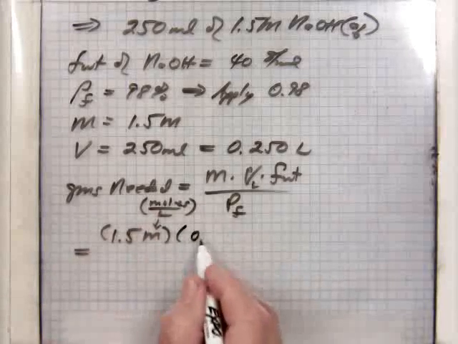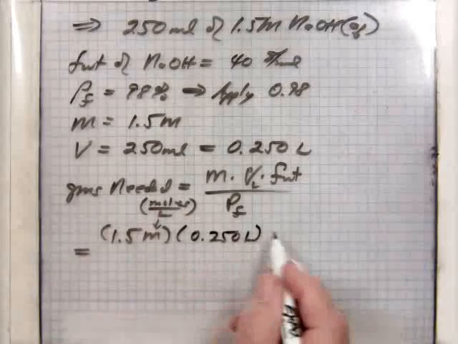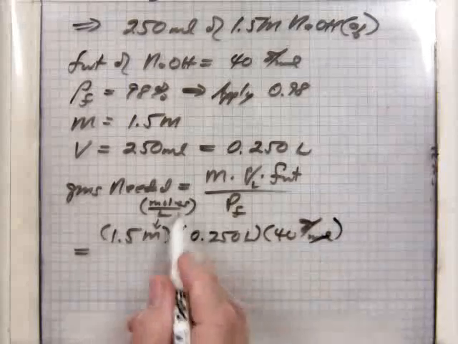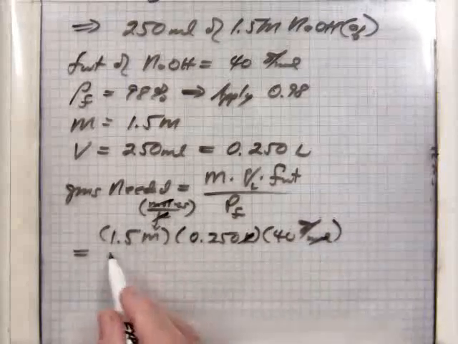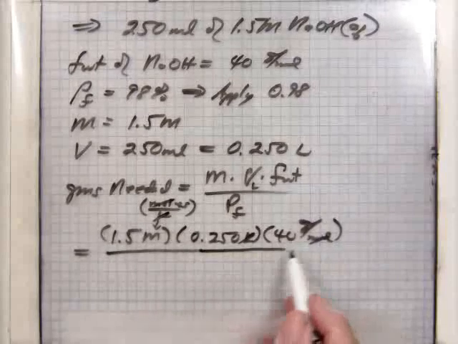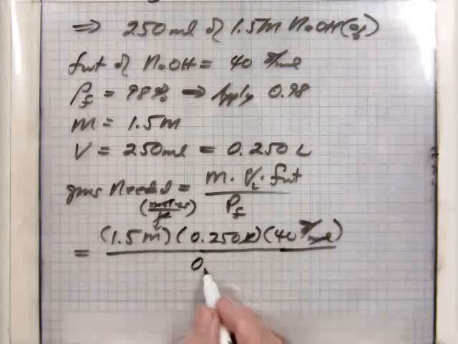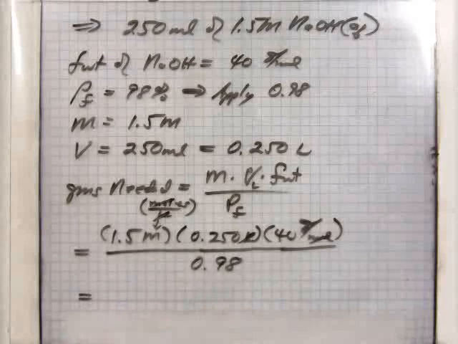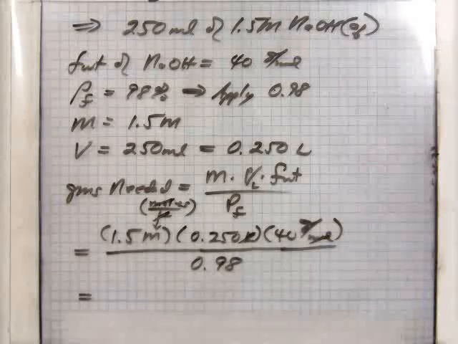Volume is 0.250 liters. Formula weight's 40 grams per mole. Those moles drop out, liters drop out. Purity factor is a percent number, does not have units, so 0.98. And so the amount needed that you're going to dissolve into your solvent is, it looks like, 15.3 grams.